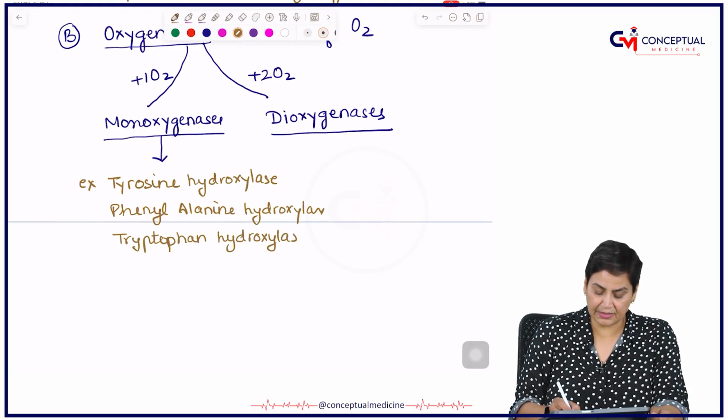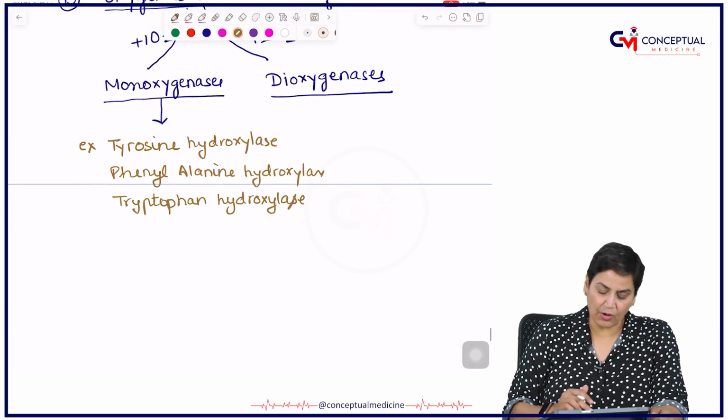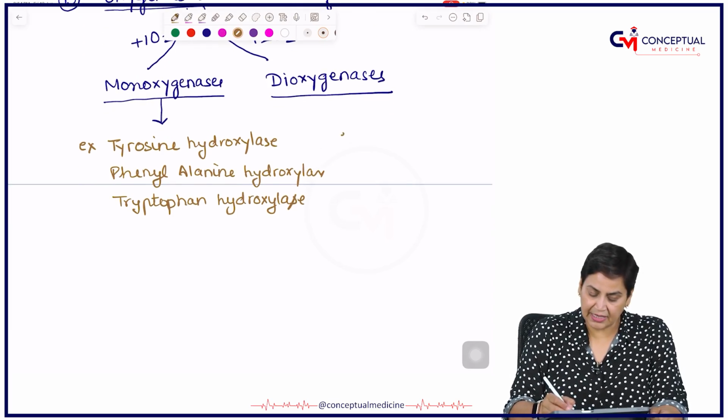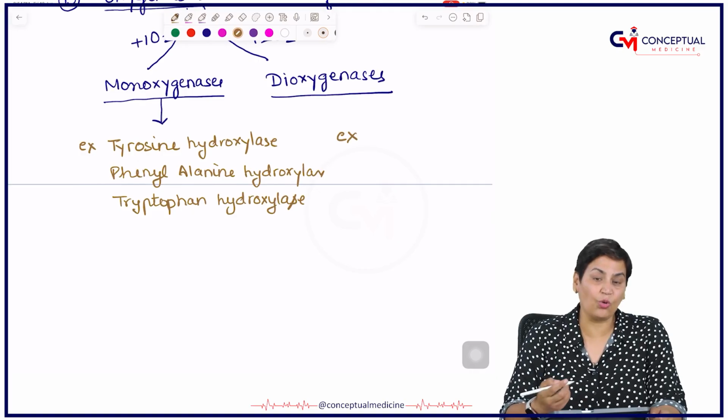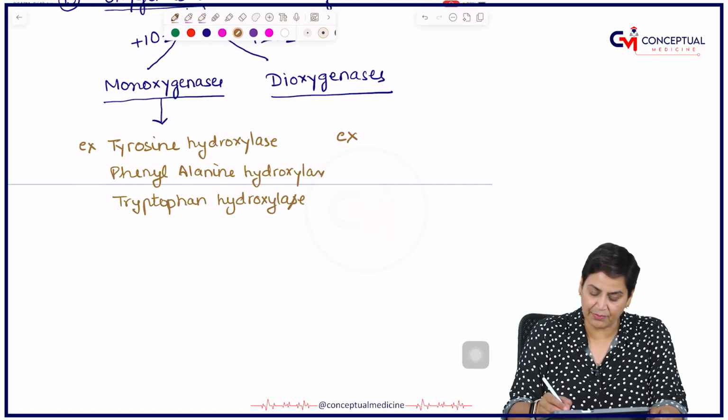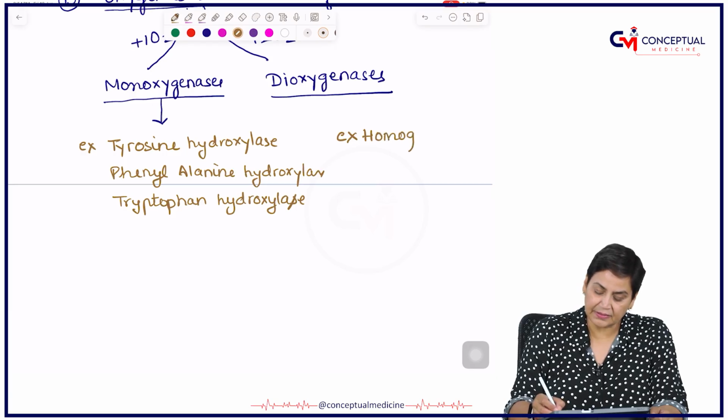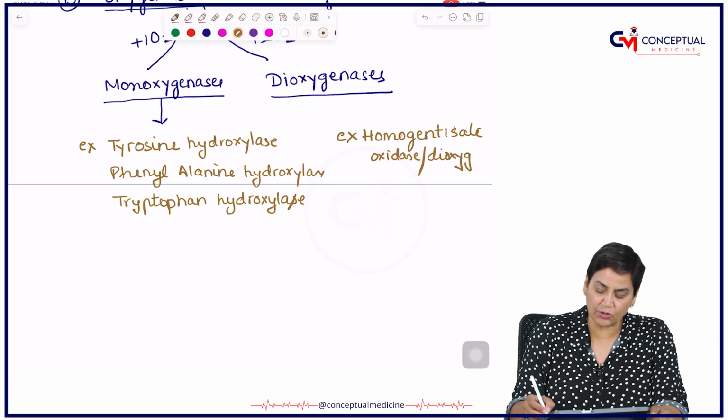And if we talk about dioxygenases, di means 2 oxygen are added. So here the example is homogentisate oxidase, or it is also known as dioxygenase, because sometimes in the exam the question is asked like this also.